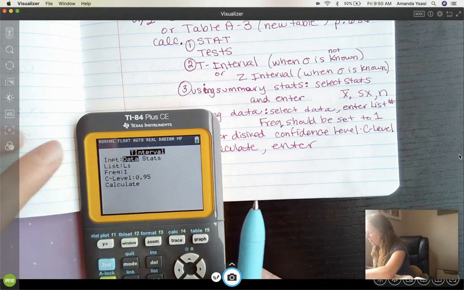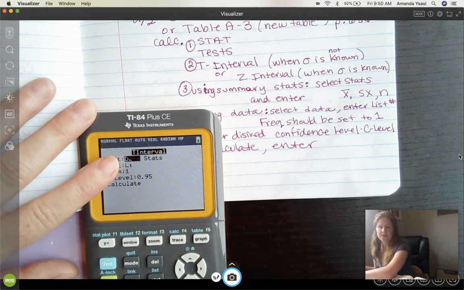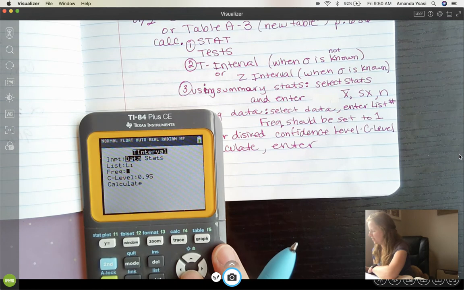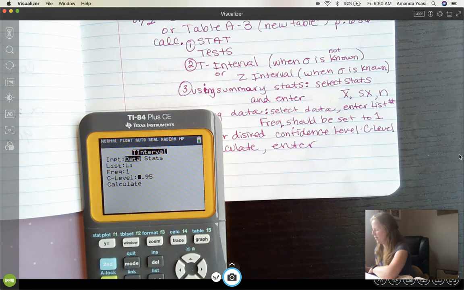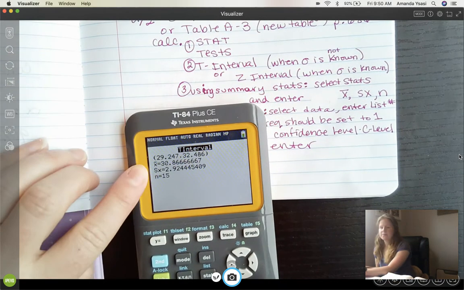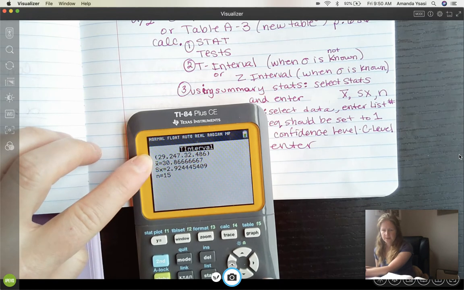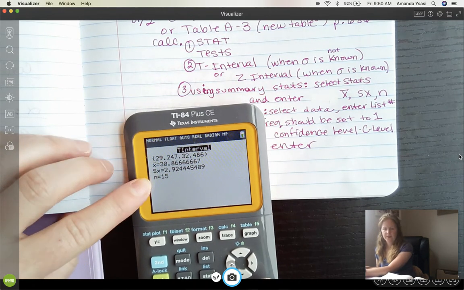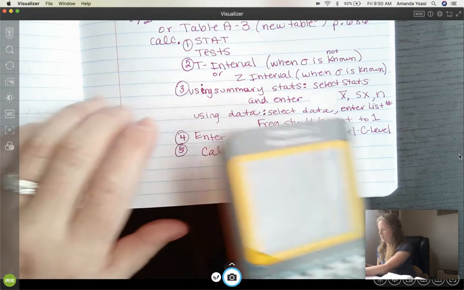I want to go ahead and use the data that I put in because I already did that. And then L1, frequency 1, C level, that's our confidence level, 0.95, calculate. Check that out. It actually gives us our confidence interval first, and then it gives us our sample mean, sample standard deviation, and how many values of n we have.